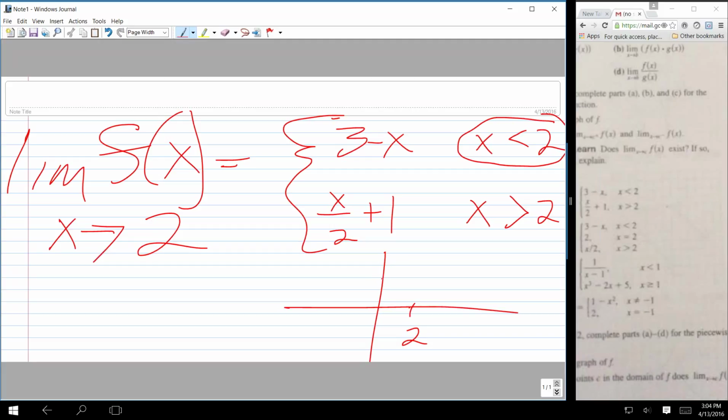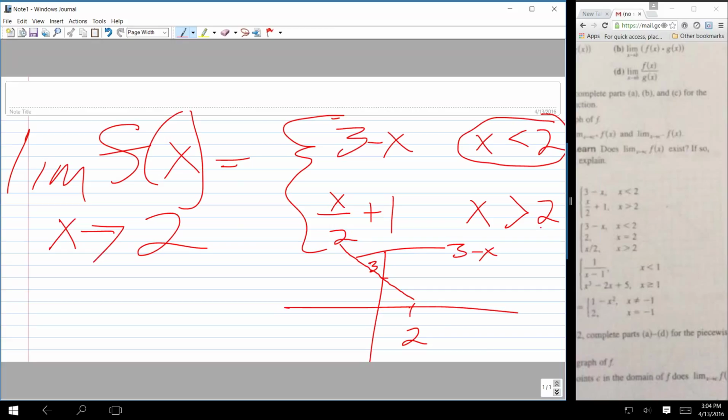That is slope-intercept with intercept 3 and slope -1. So there's the line 3 minus x. And it's x over 2 plus 1 when x is greater than 2.